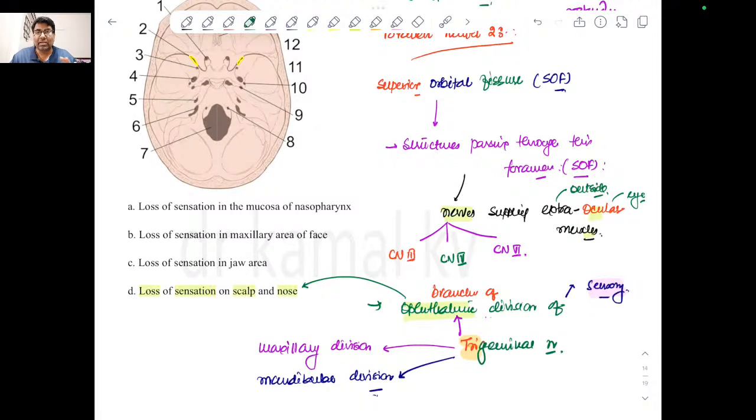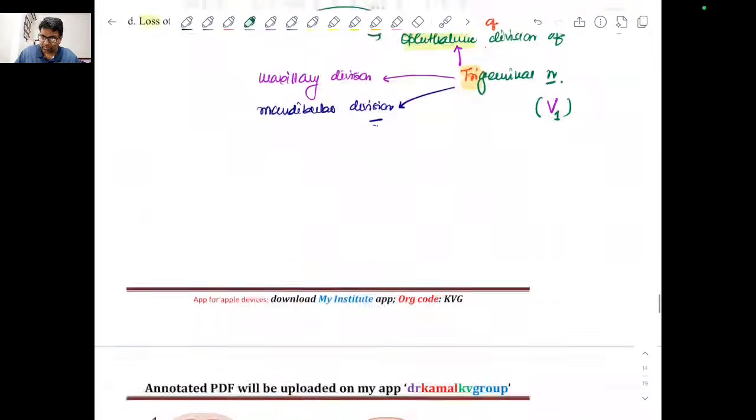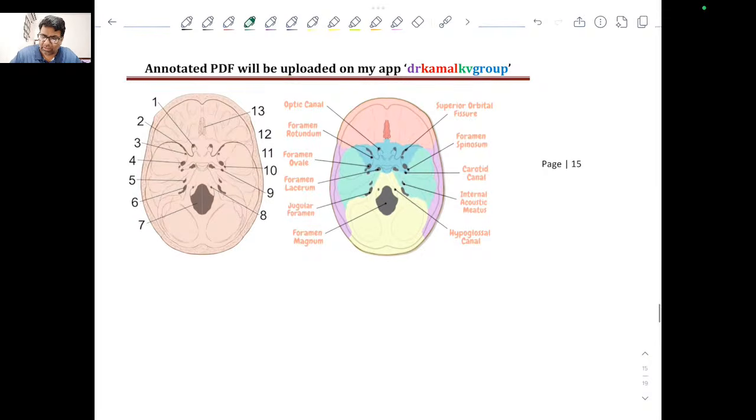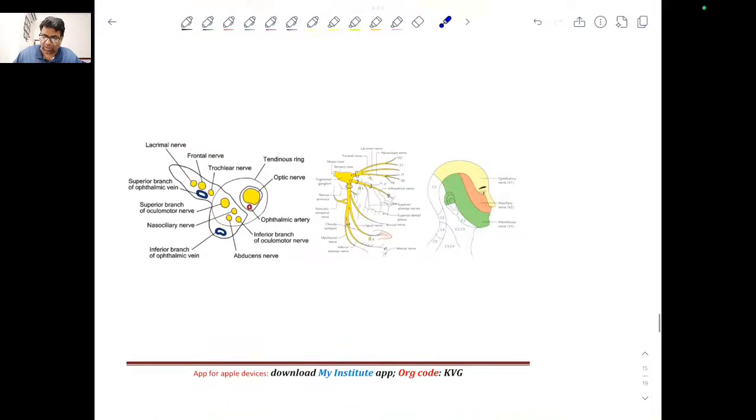Again I am repeating, we write it 5 and 1. 5 in Roman for the trigeminal nerve, 1 means the first or the ophthalmic division. And again this is for your reference, this one is the superior orbital fissure, and this is how you need to remember the contents.